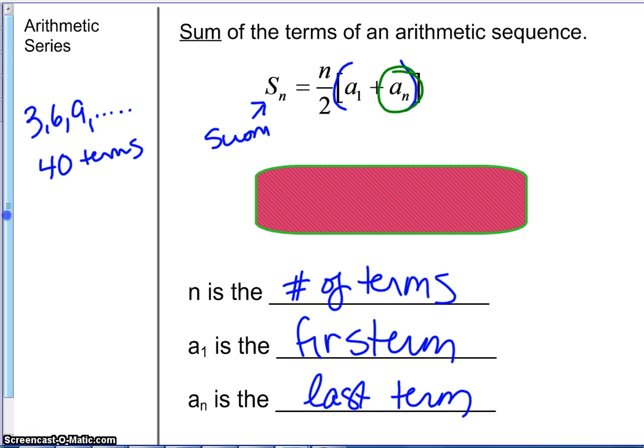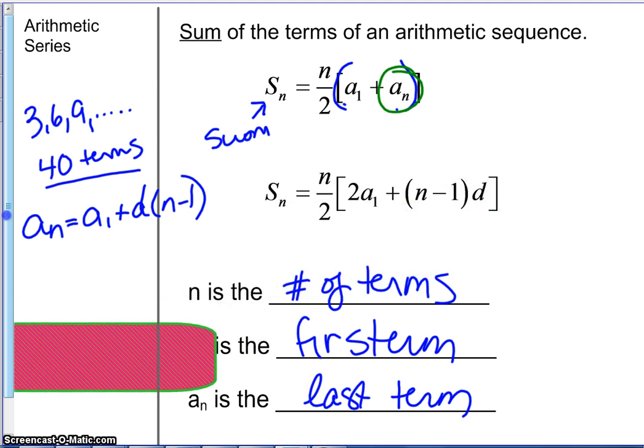Well, I know the rule is your number of terms divided by 2, and that's what you multiply by the first term plus the last term. We don't know the last term. So in this case you'd have to figure out the last term using our formula, a sub 1 plus d times n minus 1. We could plug this in for our a sub n, and that's what I'm going to do here with this formula.